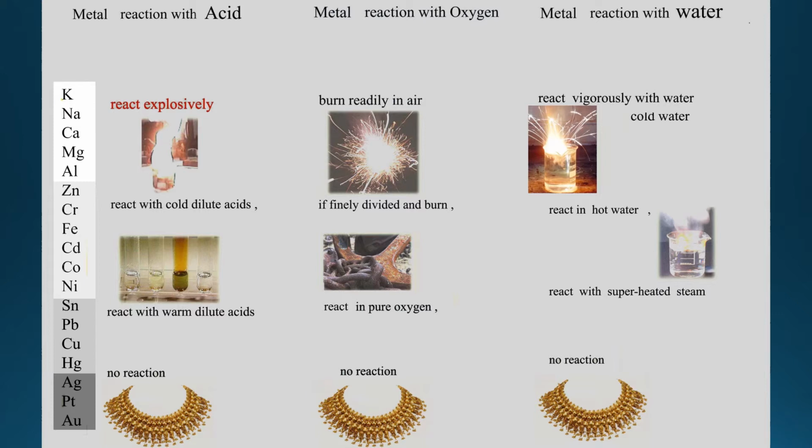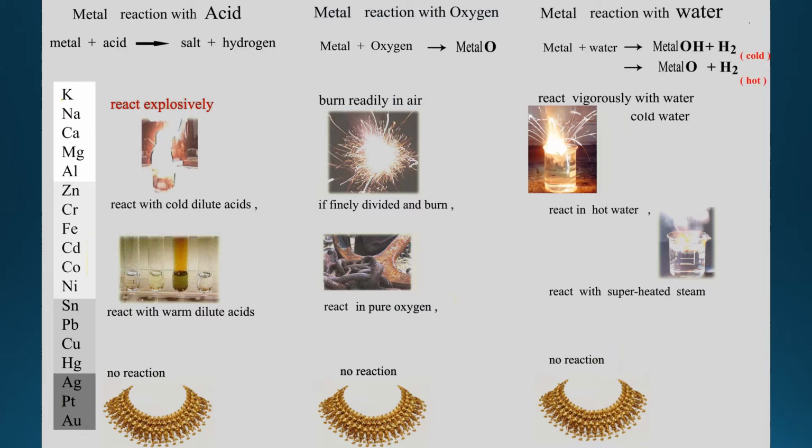Now let's look at the other aspect. If it reacts, what will form? In case there is no reaction, nothing will form. But in case it does react, what will happen?